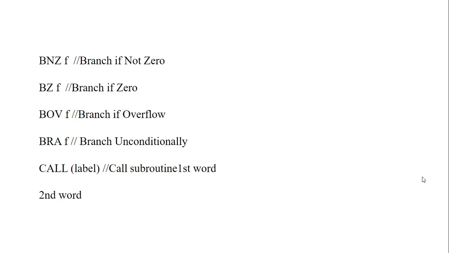Then branch if not zero, branch if zero, branch if overflow, unconditional branch, call. These instructions are short jumps. Short jump means you have an address range from plus 128 to minus 127.